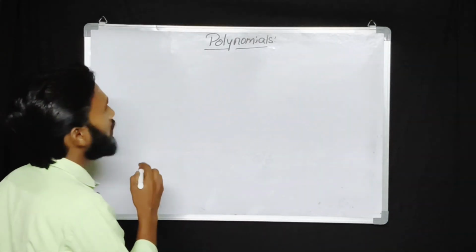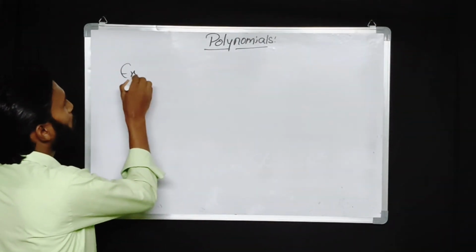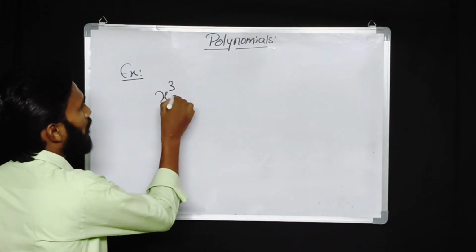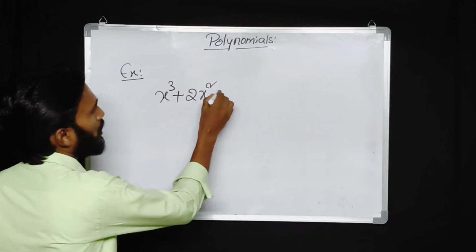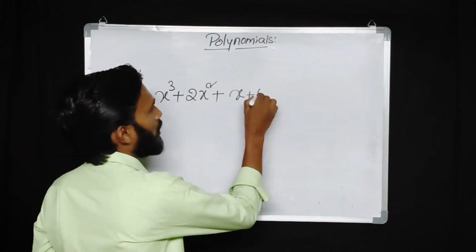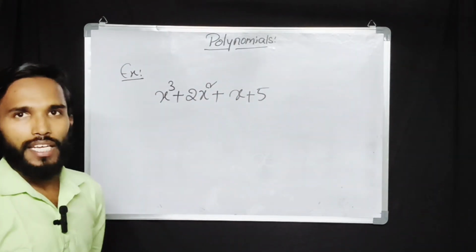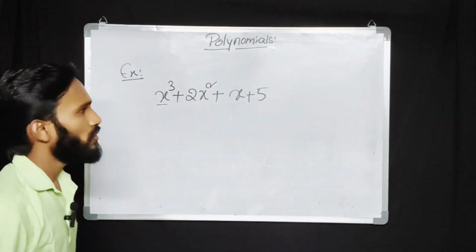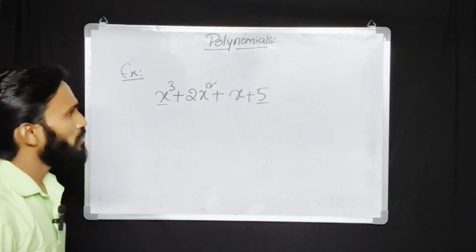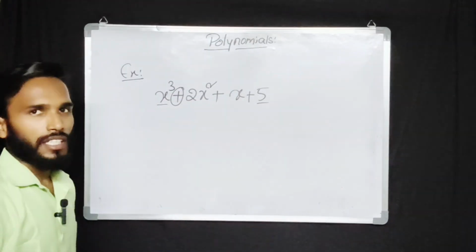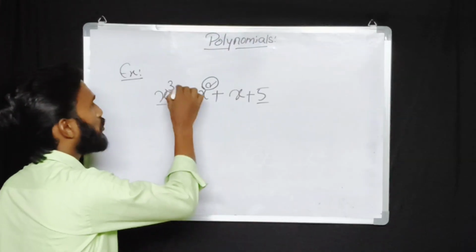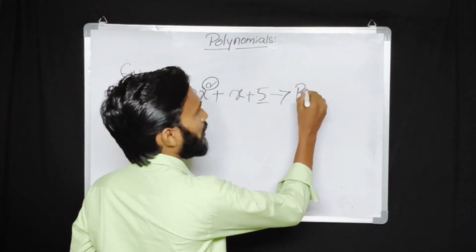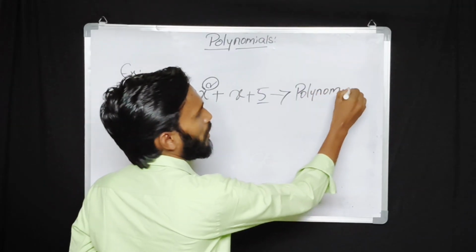Now see here, the first example. Take the expression x cube plus 2x square plus x plus 5. Here, if you observe, variables are here, constants are here, the mathematical operations are here, and the powers are only whole numbers.